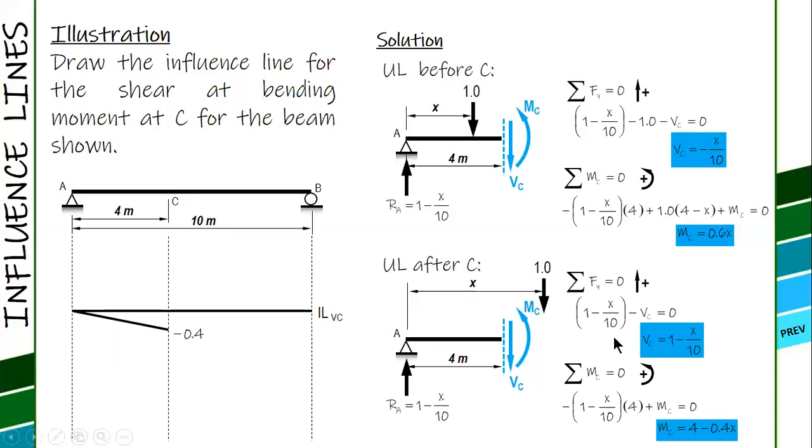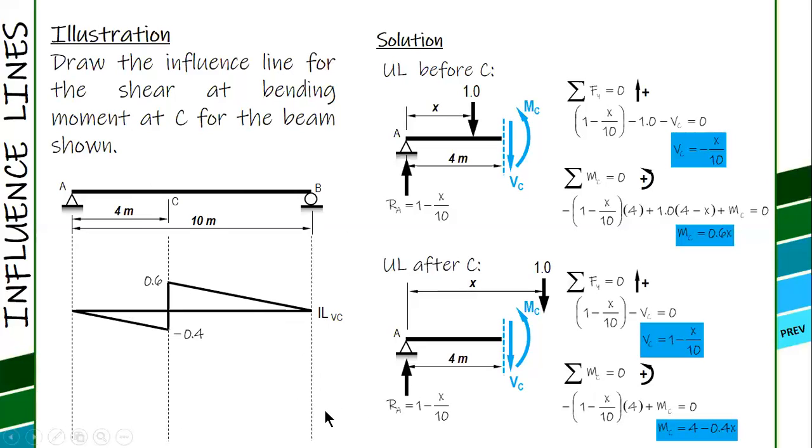Diba? And then this equation is valid for x from 4 to 10. There man C to B, so 4 to 10. So when x is 4, 1 minus 4 over 10, it's 0.6. And when x is equal to 10, you have 0. So 0.6 to 0. Ano yung diagram? 0.6 na.